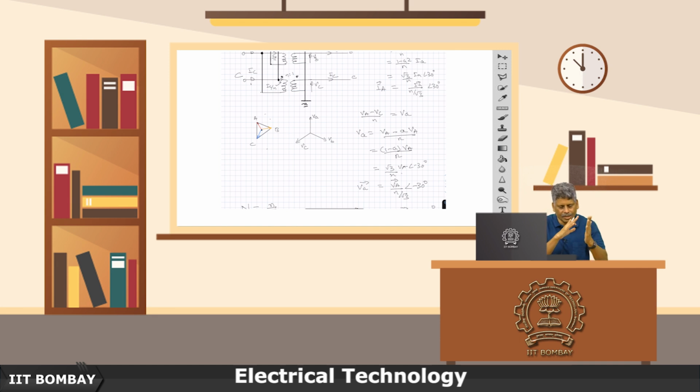Now, we have verified this for the Y delta transformer and delta Y transformer, following the ANSI standard that the HV side voltage should lead the LV side voltage, that always means phase to neutral, by 30 degrees under balanced conditions. This we have now verified.